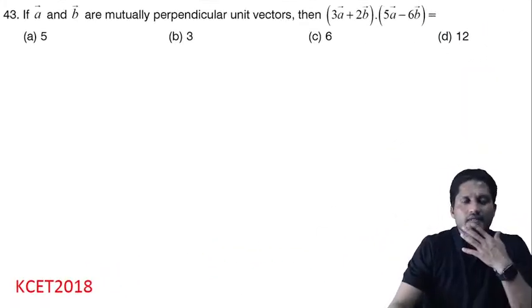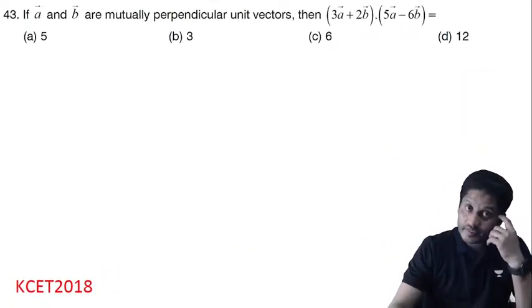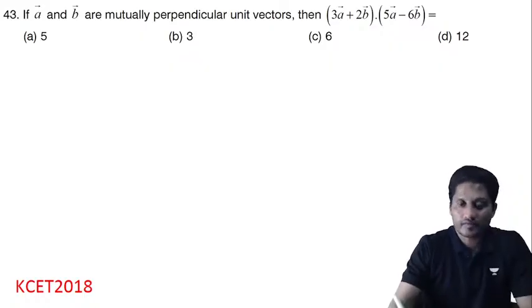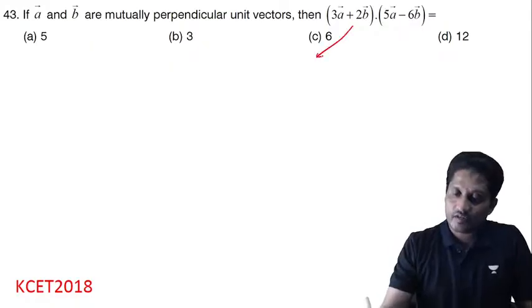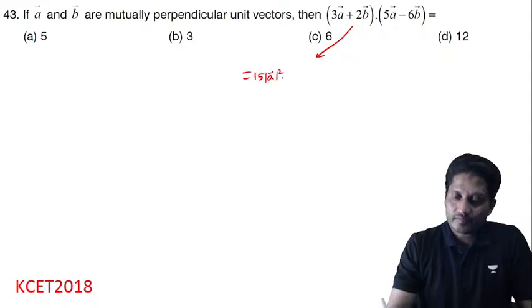Let's move to the next question. A and B are mutually perpendicular unit vectors. What is the value of 3a plus 2b dot with 5a minus b? If I take the dot product here, 5 into 3 is 15 times a dot a, which is mod a the whole square, minus 3 a dot b, plus 10 times b dot a, minus 2 times mod b the whole square.